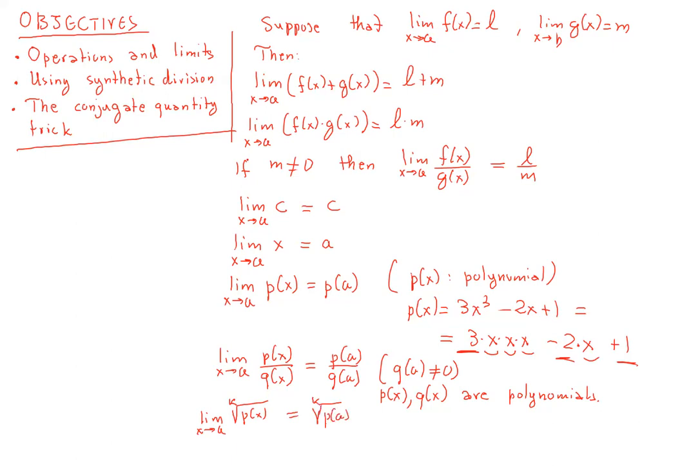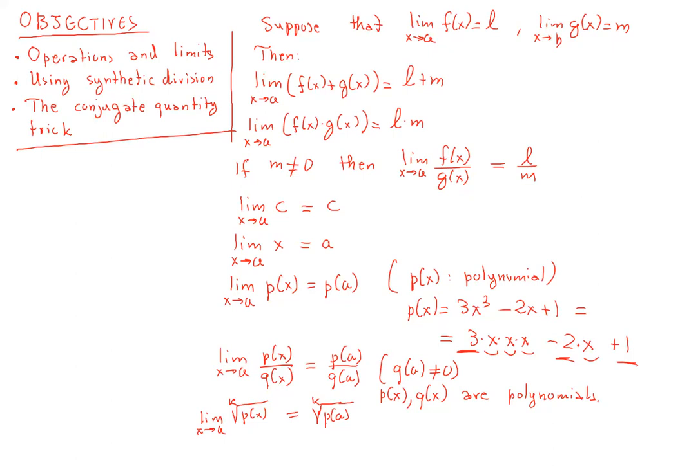So let's just notice this. It's fair to say here that with most functions that we're going to encounter in this course, you can just plug in to compute limits, even though structurally, from a formal point of view, we do not plug in when we wish to compute limits.